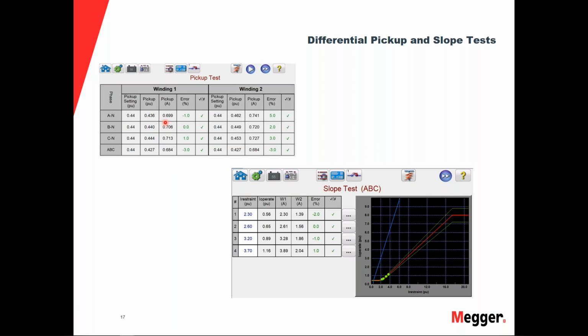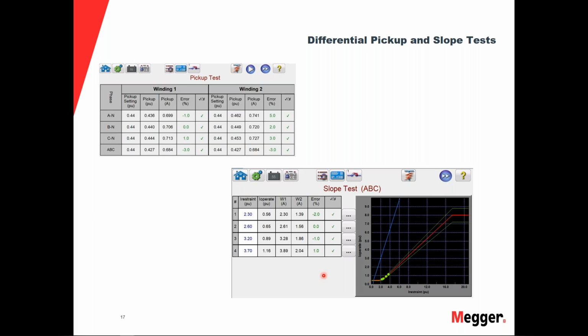We'll pick up with some type of pickup value, which will come out of the setting, and then we're going to increase the current until we get an operation. In this diagram, we're checking individual phase pickups, and then we're checking a three-phase, and I'll explain and show this later on as well.